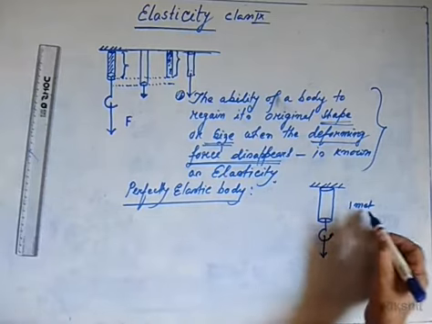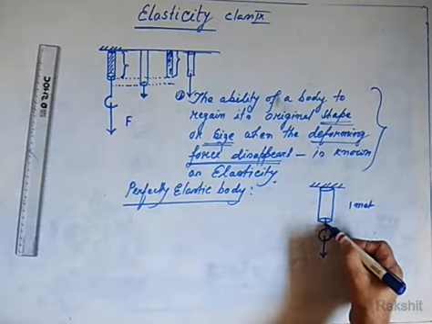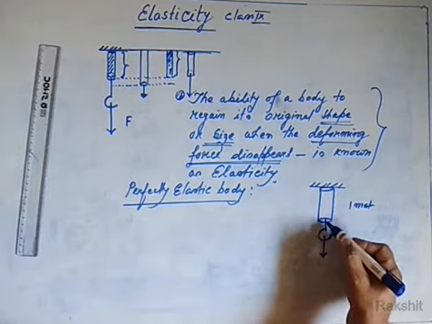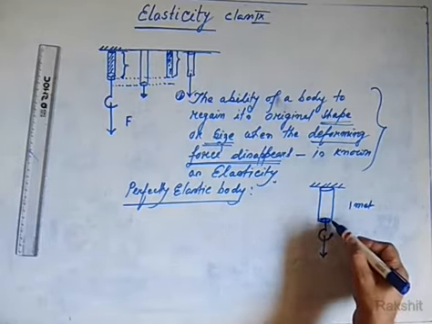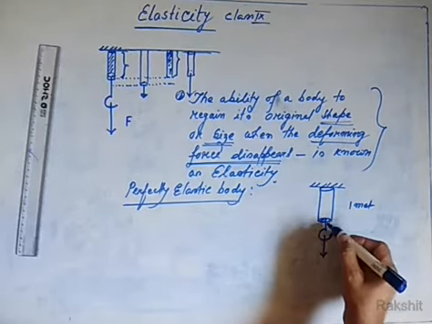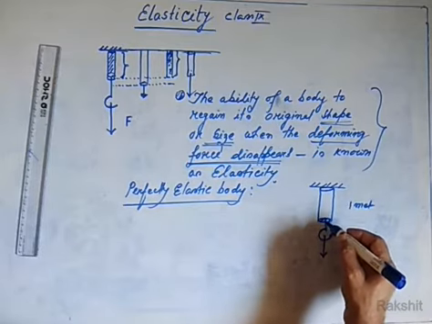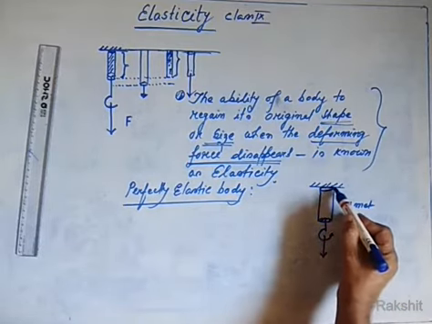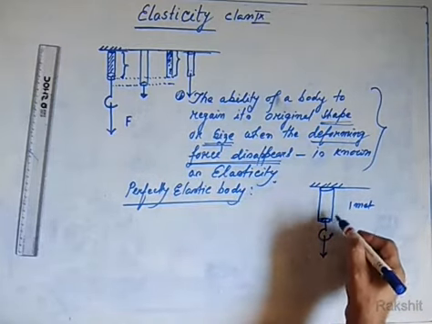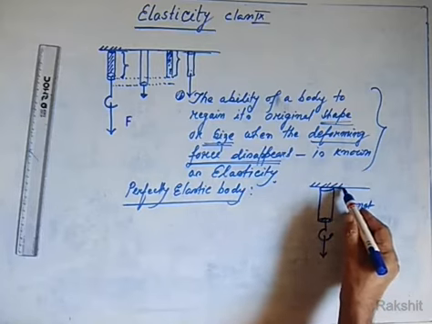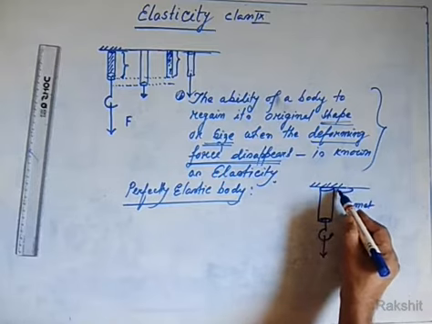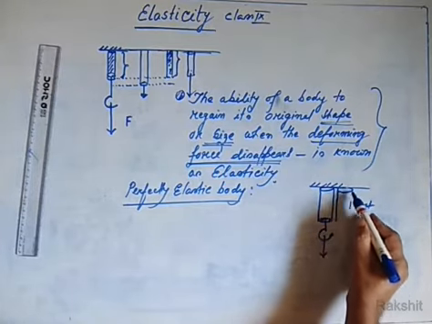Suppose the original length is 1 meter and you are pulling this downwards. Now you are applying a force, and when the force is withdrawn, it will regain its original shape and size. And let us assume when force is withdrawn, it regains its original shape. That means shape and size both are original. Its length becomes just 1 meter.